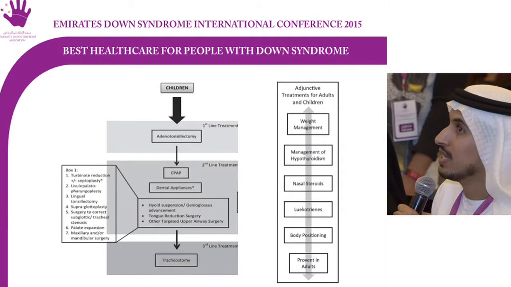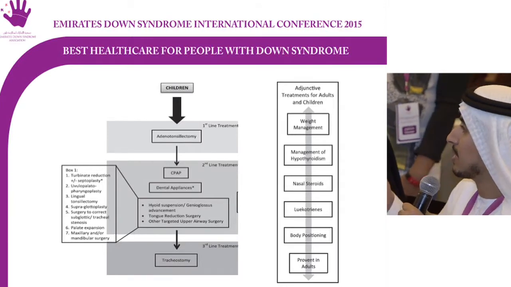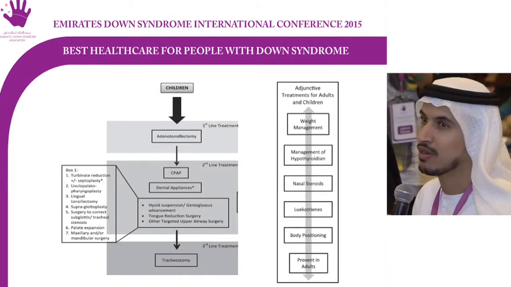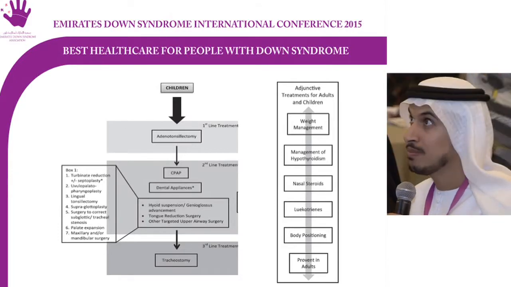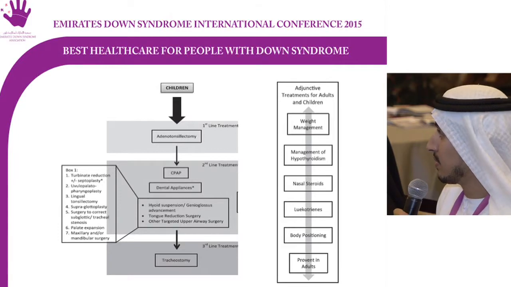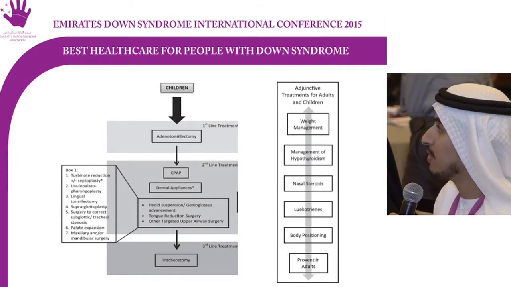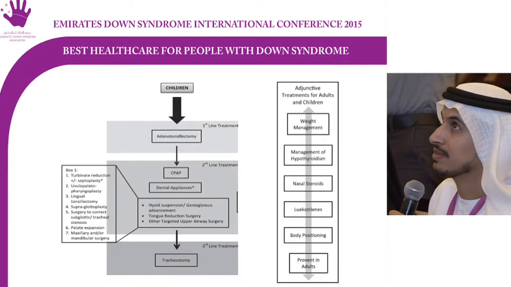Okay, body position, sleeping on the side. Many people ask me why we like to sleep on the side. When we sleep on our back, we start snoring because gravity works. You sleep on the side, sleep apnea severity is reduced. Some people even go back to normal, okay?